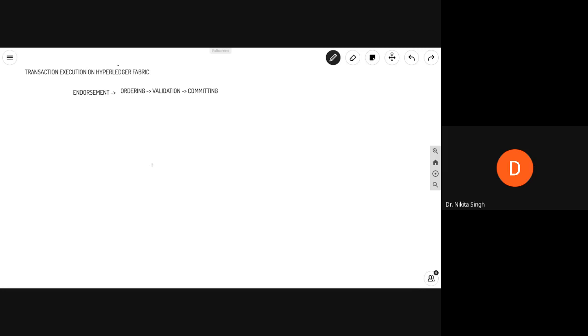So we will have a client application over here, and what this client application does is send a transaction proposal. So step one is the transaction proposal.